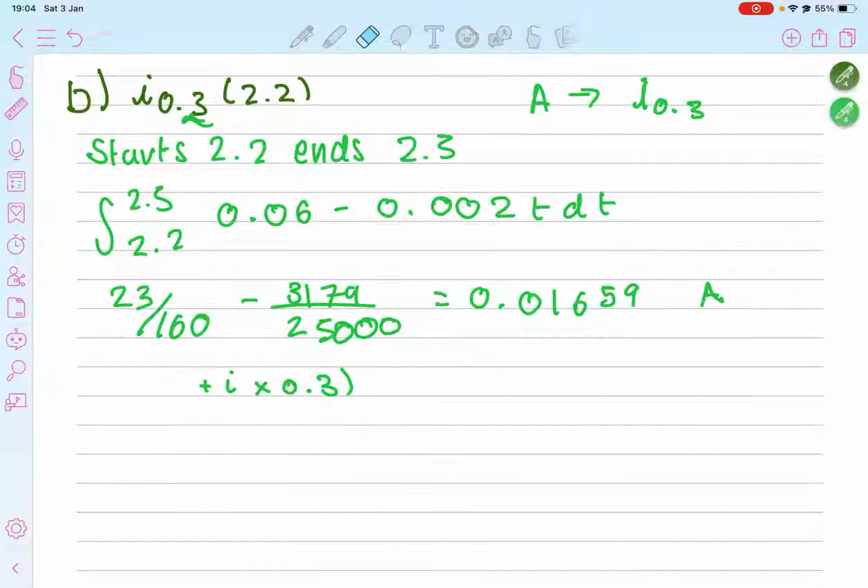I've done it wrong. 0.01659. Have I done this wrong again? I'm going to stop it.